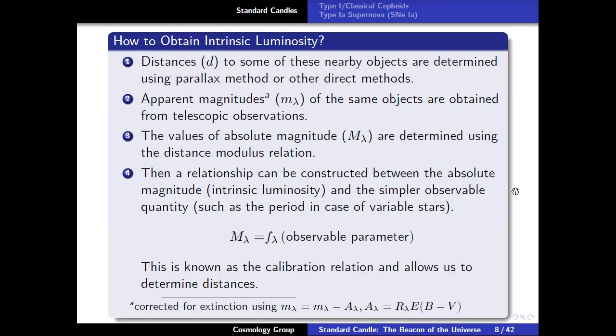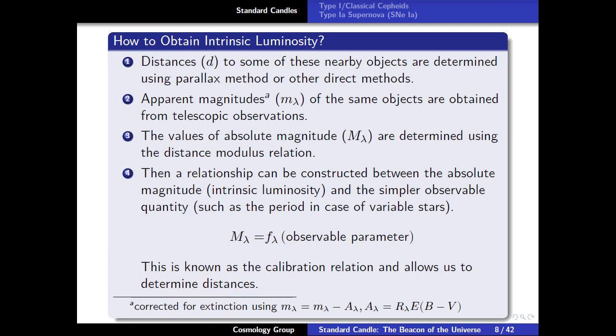How to obtain the intrinsic luminosity of a star? Distances to some of the nearby objects are determined using the parallax method or other direct methods, and apparent magnitudes of the same objects are obtained from telescopic observations, where apparent magnitudes are denoted by m lambda, and the values of absolute magnitudes, denoted by capital M lambda, are determined using the distance modulus relationship.